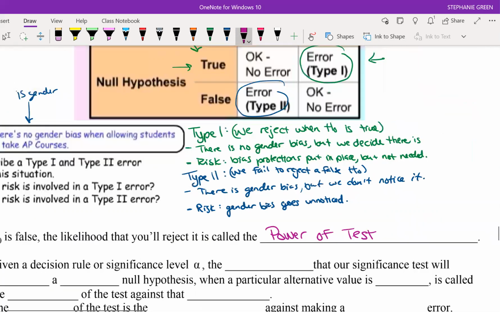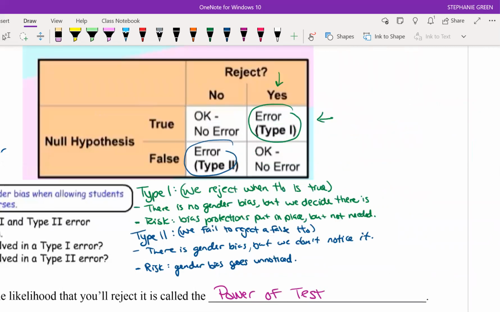That would be this part of our table here. Yes, we reject the null hypothesis, and the null hypothesis is false. This is correctly rejecting the null hypothesis. The probability of doing this is the power of the test, which sometimes we just refer to as the power.